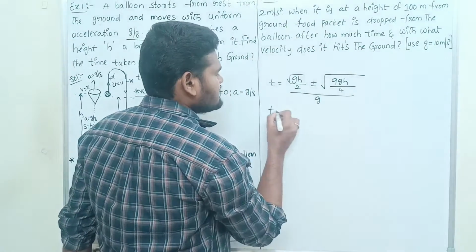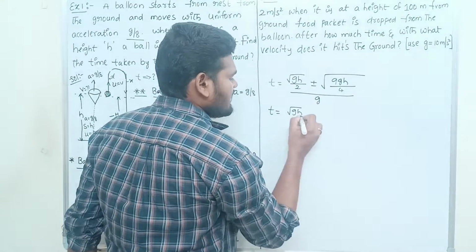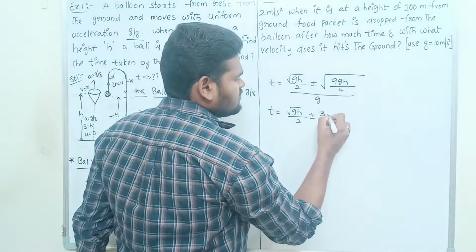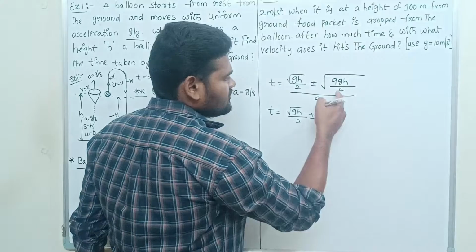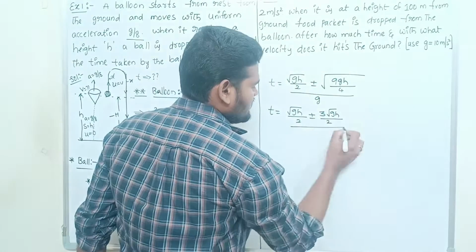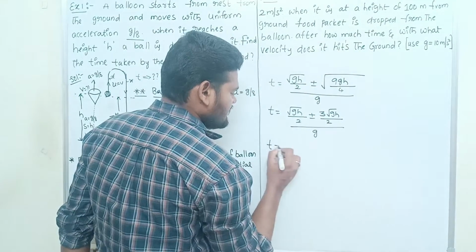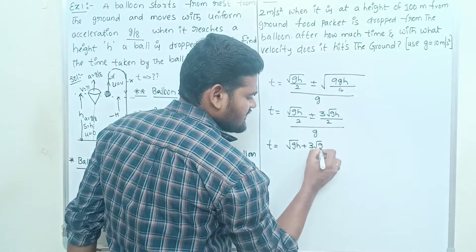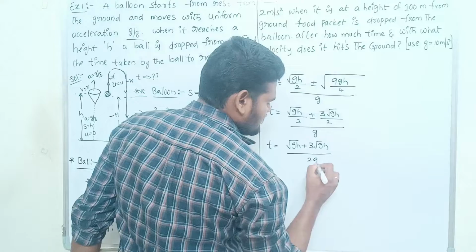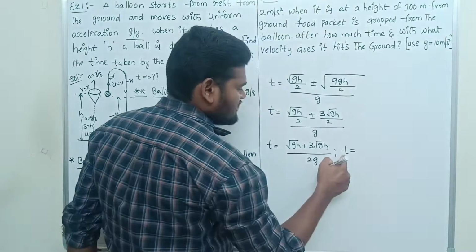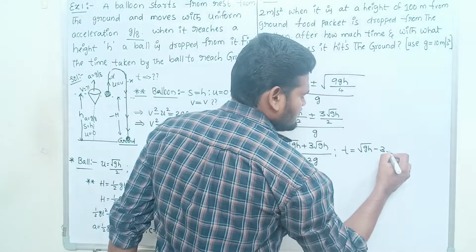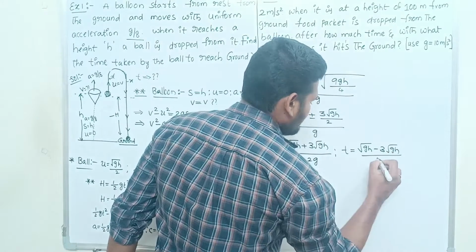Okay, so t is equal to under root of gh by 2 plus or minus root of 9, which means 3 under root gh, divided by root of 4, which means 2, divided by g. So it becomes t is equal to under root gh plus 3 root gh by 2g, and also t is equal to under root gh minus 3 root gh divided by 2g.